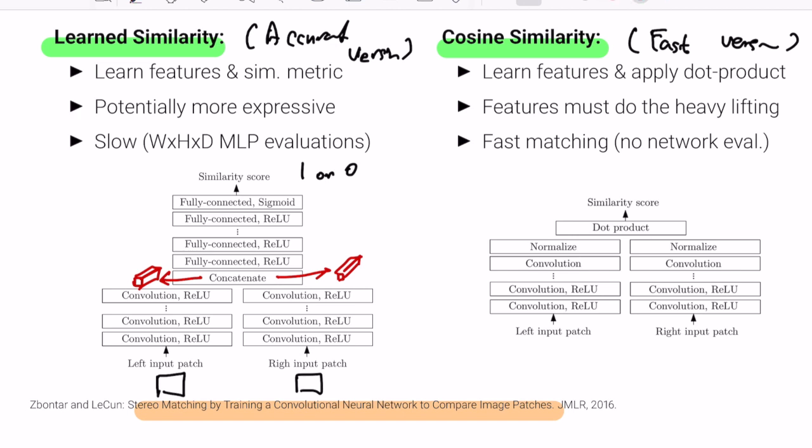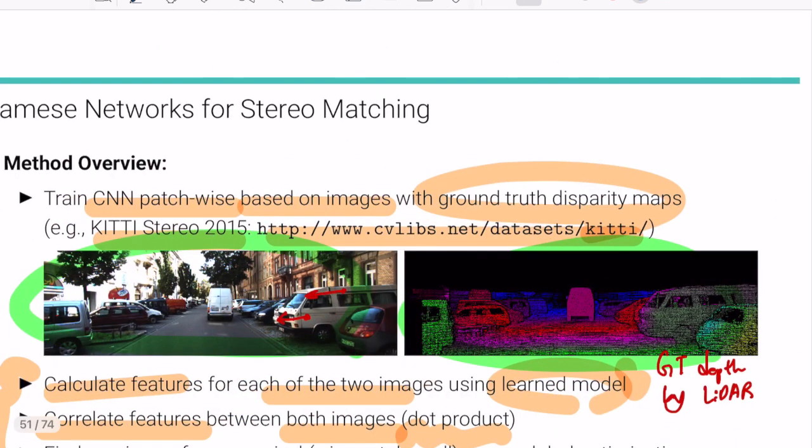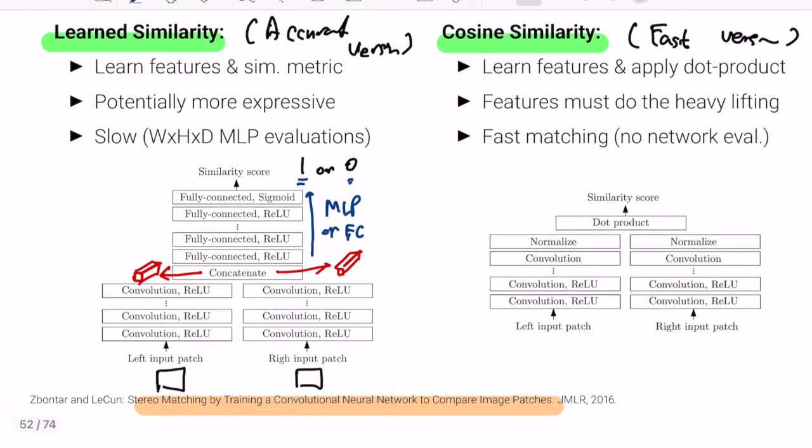Then by using additional MLP or FC layers, we finally determine whether these two features are similar or not. Because we already have ground truth data like this, we can finally train the whole network. Of course, these networks share weights with each other.